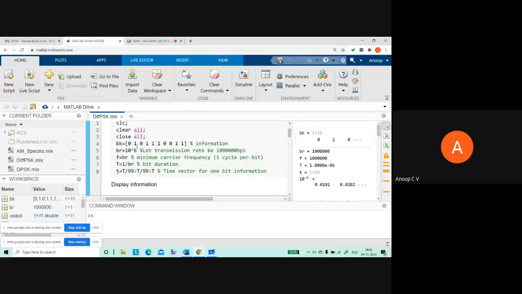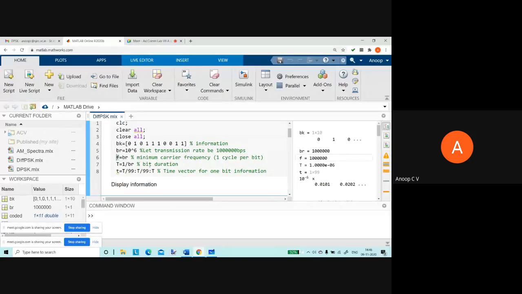In this case, we'll be assuming the bit sequence to be 0, 1, 0, 0, and so on. And the bit rate I've defined to be equal to 10 power 6, in bits per second. For the carrier frequency, I've given a variable name f, and I have assumed it to be equal to br. This is the minimum carrier frequency, as I told just now. For you to modulate, at least one complete cycle is required per bit duration.